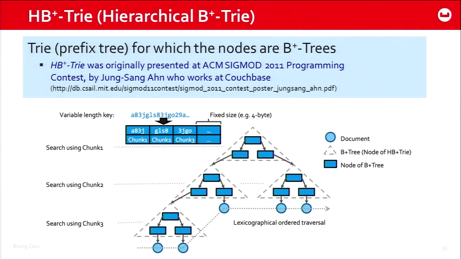As for the details behind this, Ravi mentioned this is basically a hierarchical B+ trie tree. We first introduced it at ACM SIGMOD back in 2011 as part of the contest. For those of you who are not familiar with SIGMOD, it's a special interest group for database practitioners and researchers.